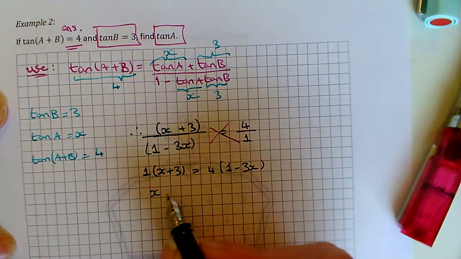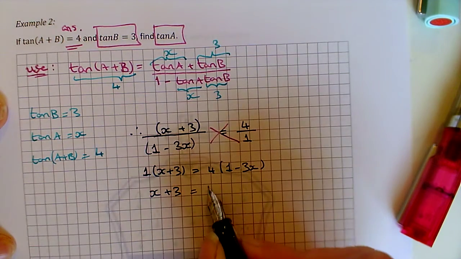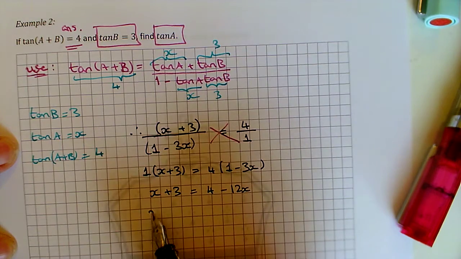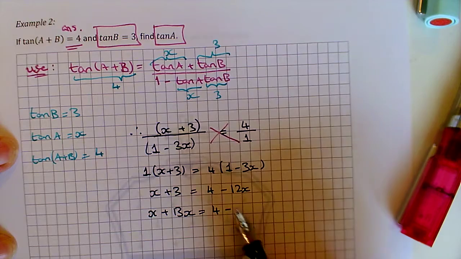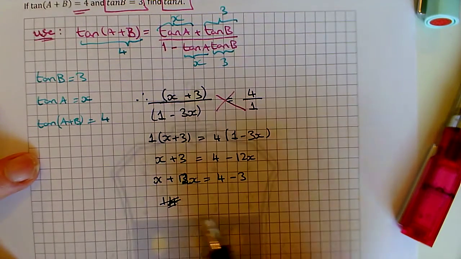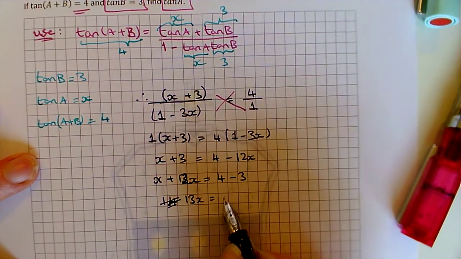And I'll multiply out my brackets and bring everything to one side. Not everything to one side. Letters left, numbers right. So x plus 12x, sorry, 13x is equal to 4 minus 3, plus 12, sorry, I did the adding as I moved it. So 13x is equal to 1. And x is equal to 1 over 13.